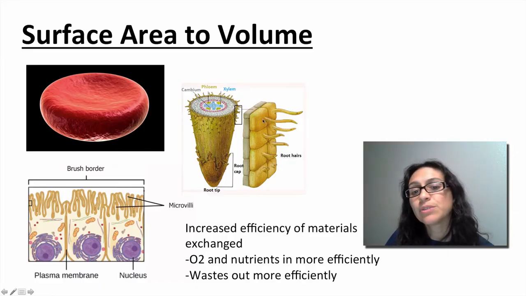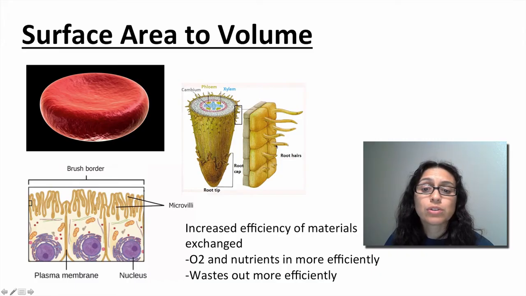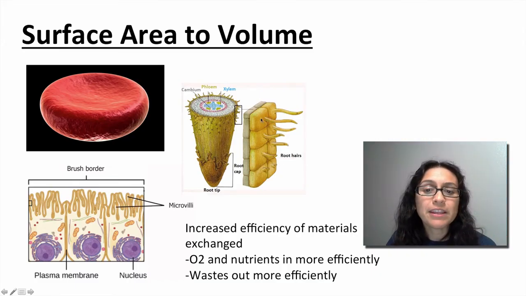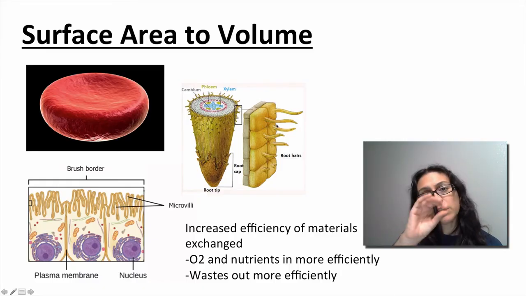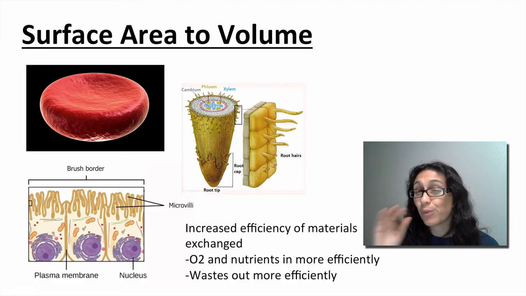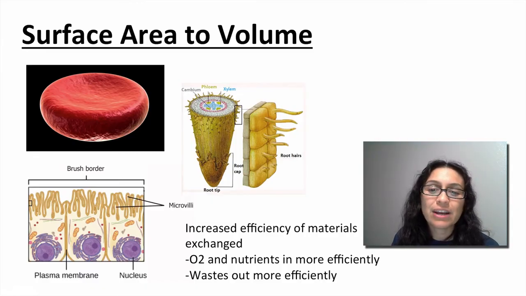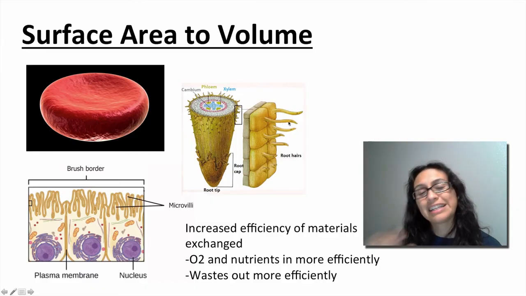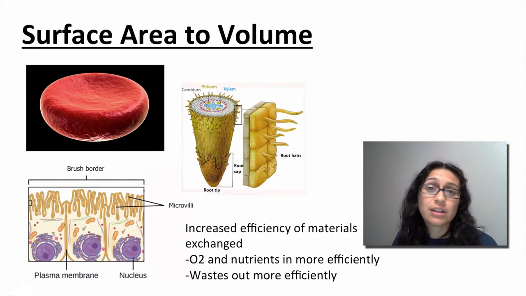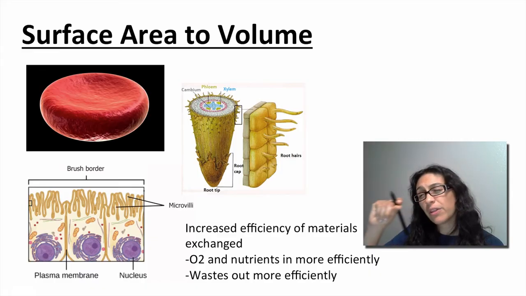All right, the last main example here is going to be root hairs. So root hairs found on the roots of plants, these cells have elongated flat sections that extend outward. Now once again, by extending out into these long flat extensions, we are increasing surface area without greatly increasing volume. Because if you think about it, if it's a long thin piece, the volume isn't going to be very great.